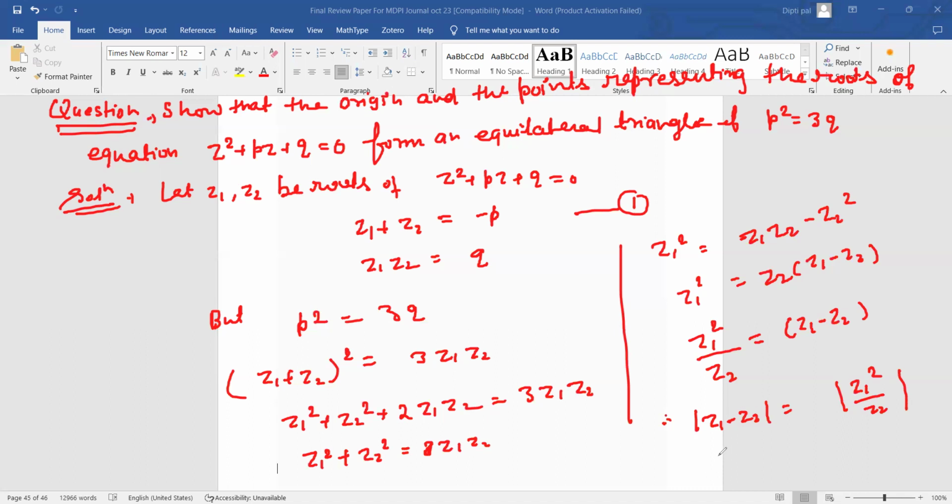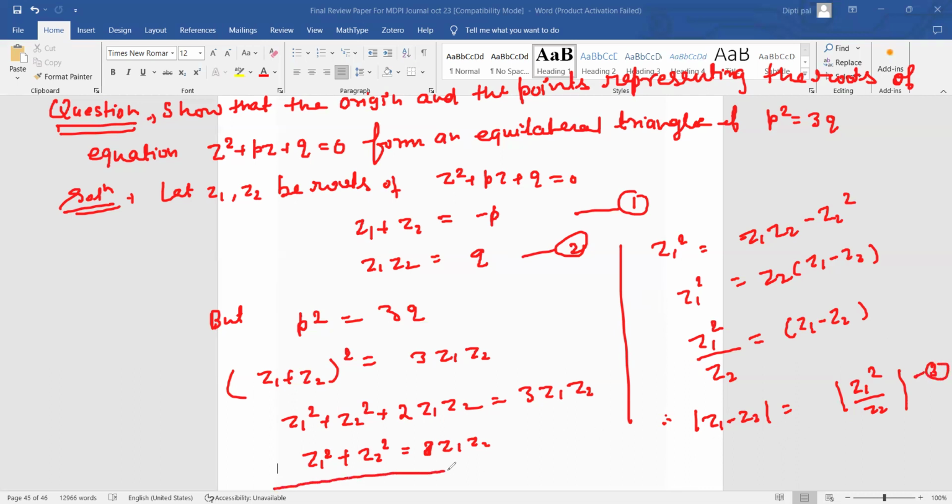Now we interchange, meaning if we want to find Z2 square, just interchange the values of Z1 and Z2 in this equation.